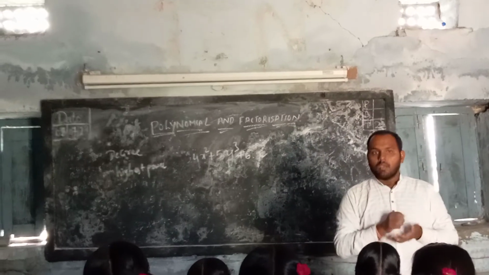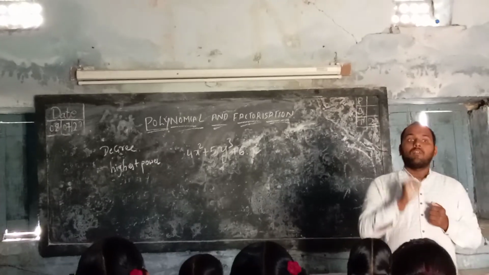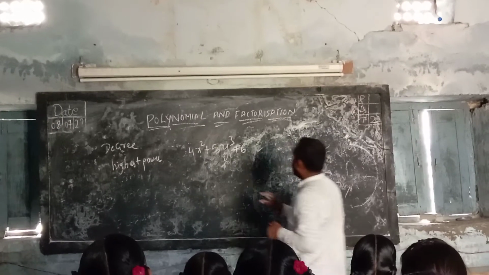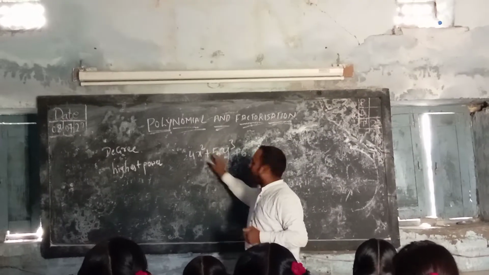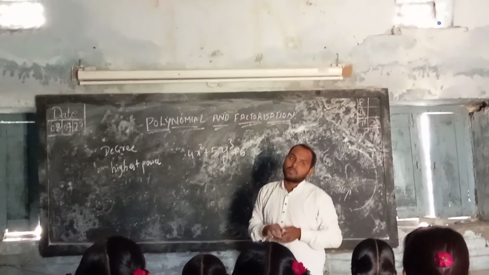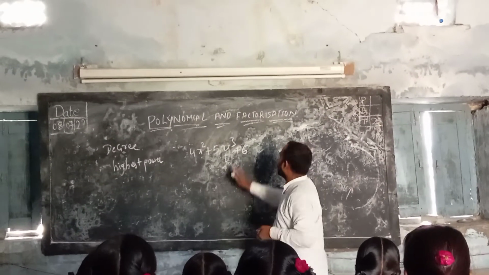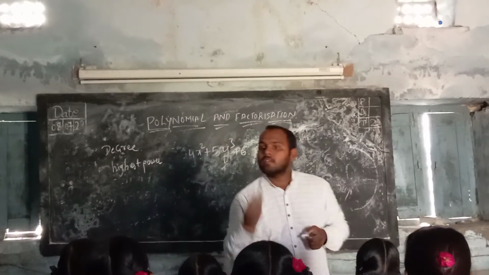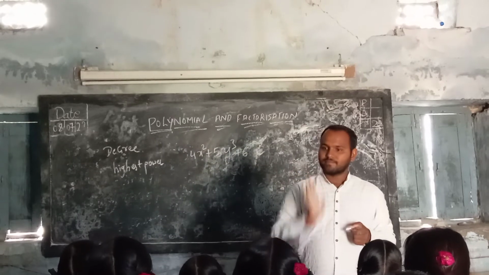We have to see which variable has more power. Here x square and here y cube. So which one is more? Y cube. So what is the degree of this expression? 3. The answer is 3.